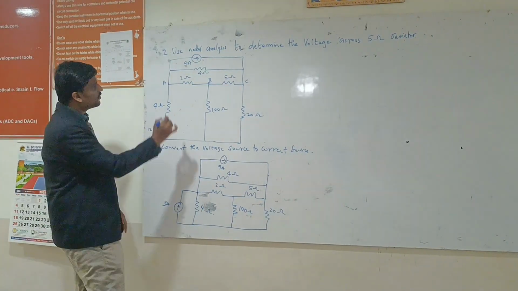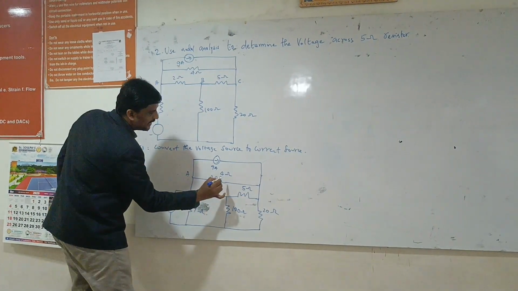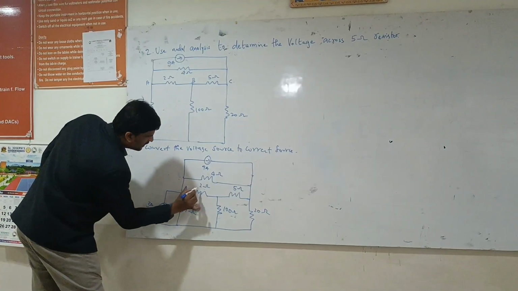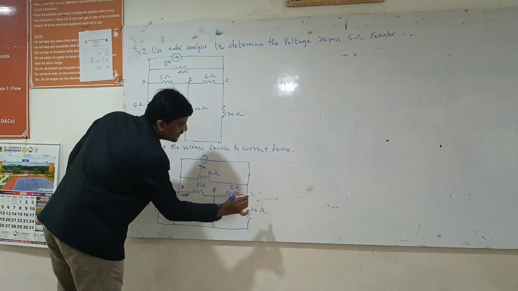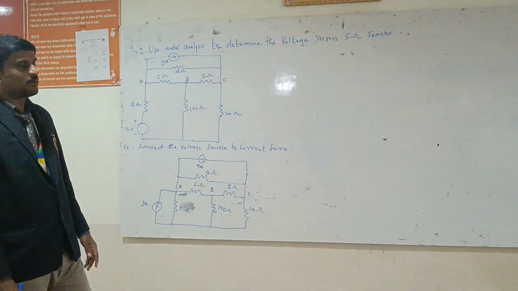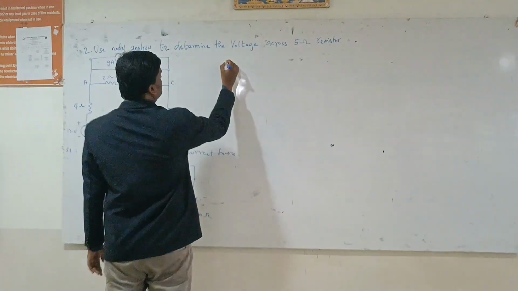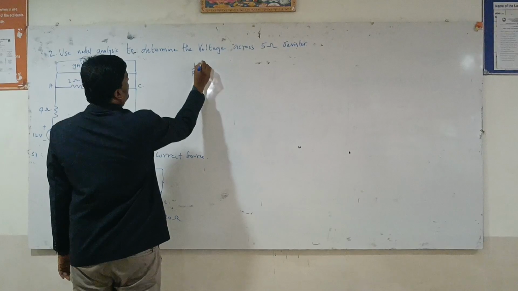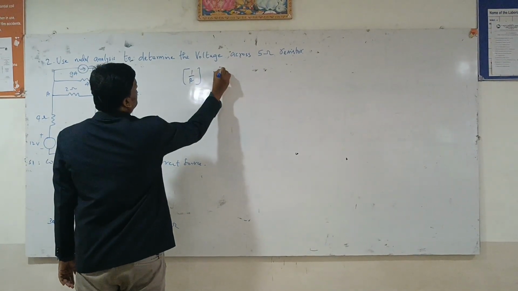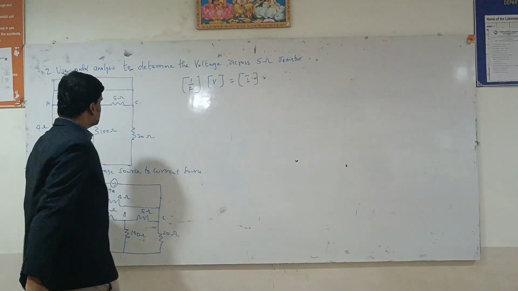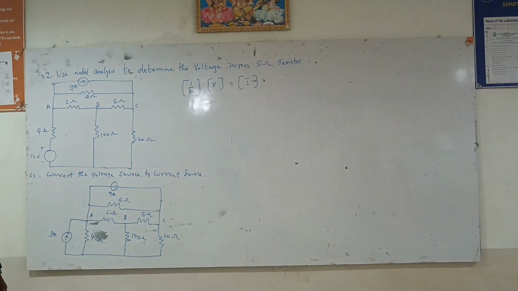So first we have converted the voltage source to current source. Here we have to mark the nodes that is already given. So here it is A, this is B, and this is C. So let us solve this problem by using inspection method. We know that by inspection method, 1 by R into V is equal to I. First we count the number of nodes here.